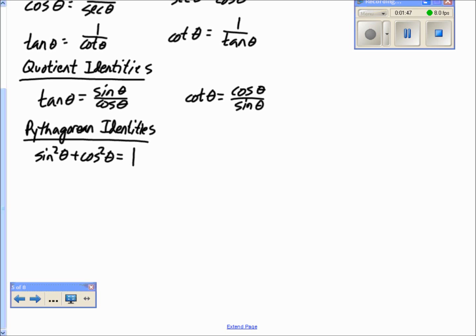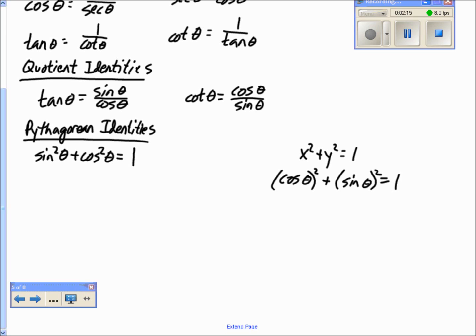Just a little bit of backdrop on that. If you remember from the unit circle approach, in your unit circle we had x squared plus y squared equals 1, right? On that unit circle, x was our cosine value and y was our sine value. So the cosine of theta plus, and our y again was our sine value.